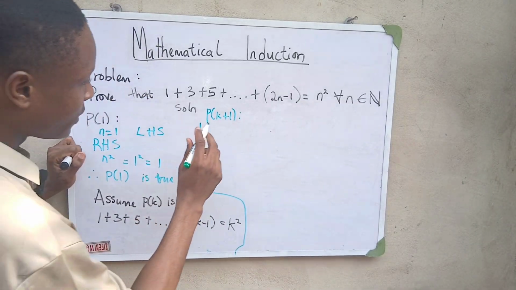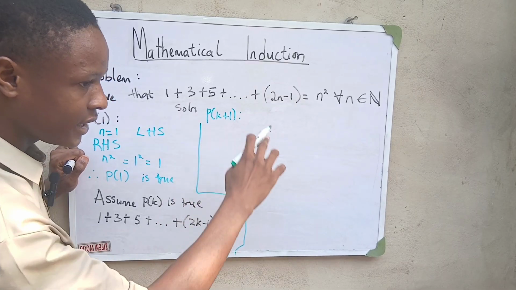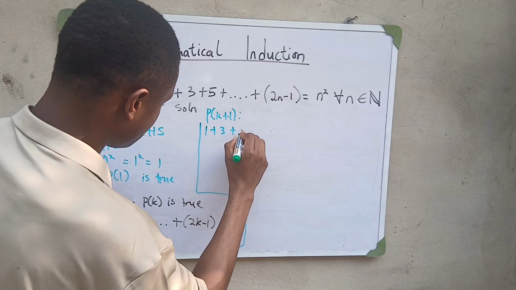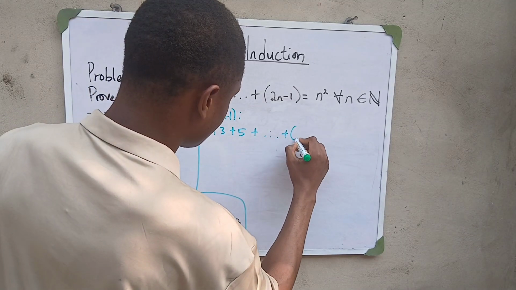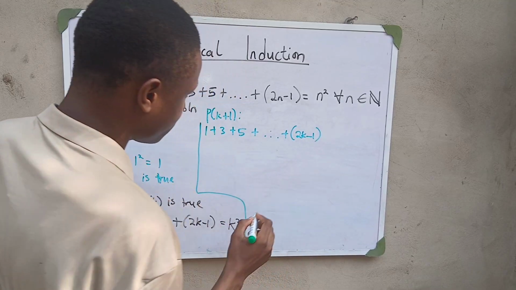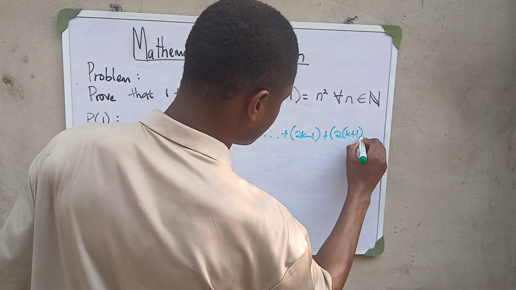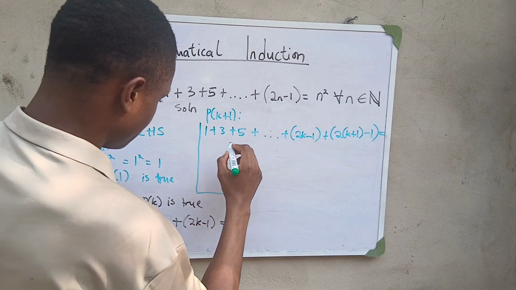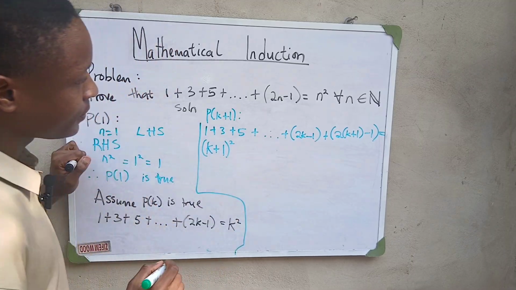After k plus 1 is the number after k. So we are going to have 1 plus 3 plus 5 plus dot dot dot plus 2k minus 1 plus 2 into k plus 1 minus 1 is equal to k plus 1 all squared.